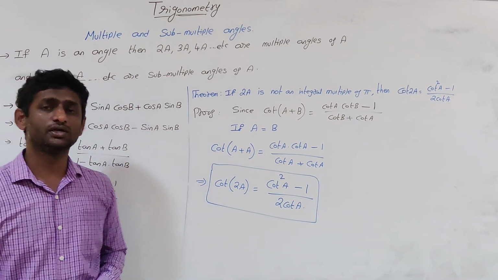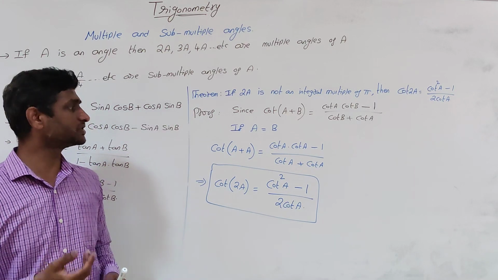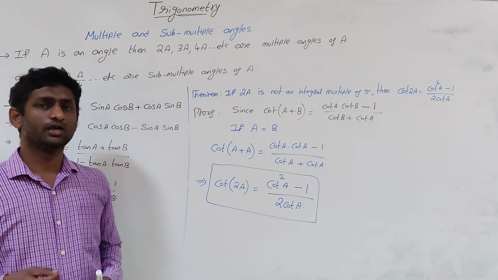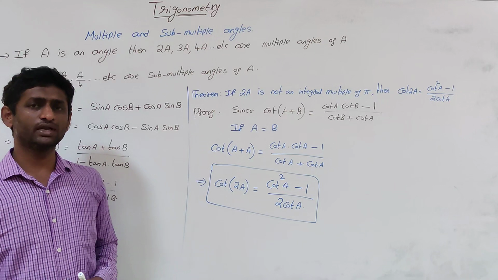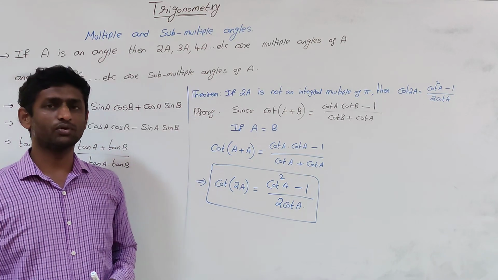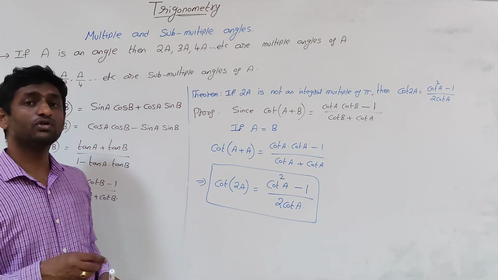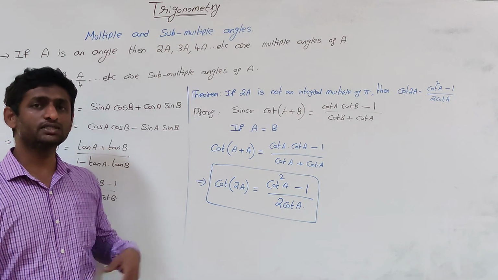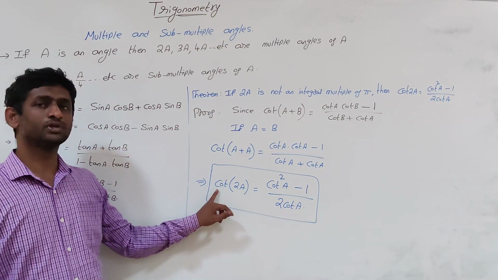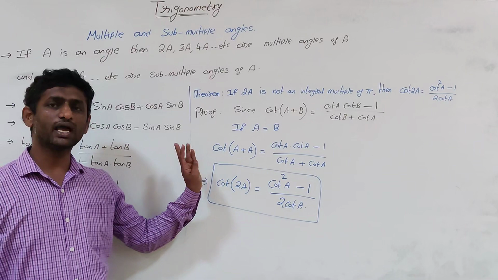So these trigonometric ratios, multiple angles sin 2A, cos 2A, tan 2A and cot 2A, are very important in order to solve the problems. Next, we'll go for triple angles, as these are the double angles: sin 2A, cos 2A, tan 2A, cot 2A.